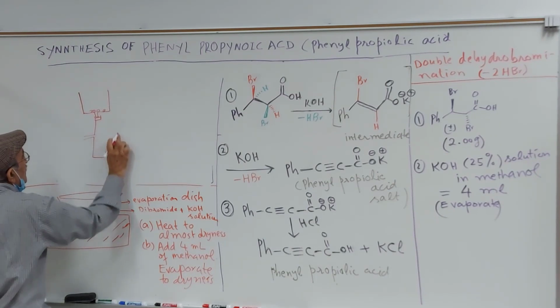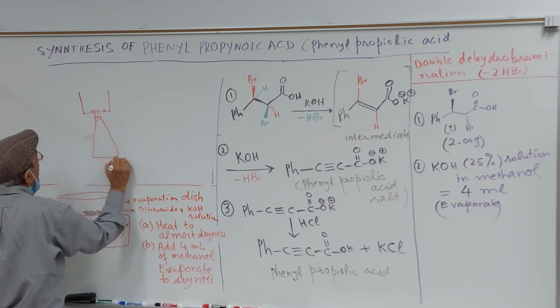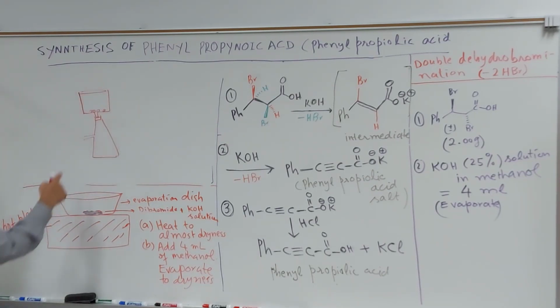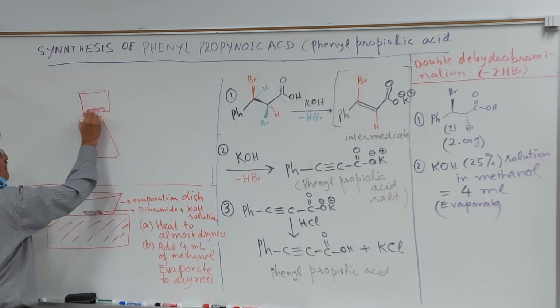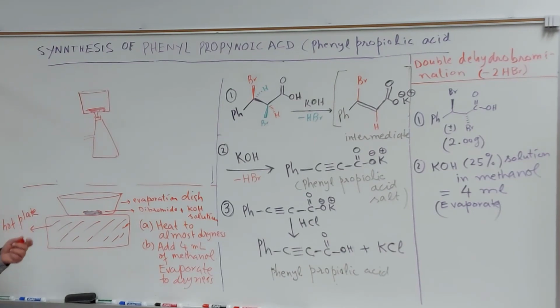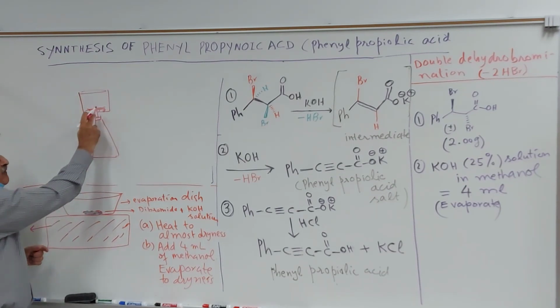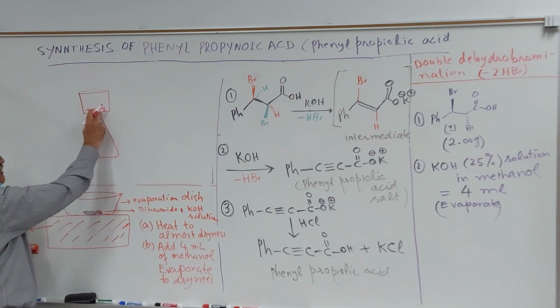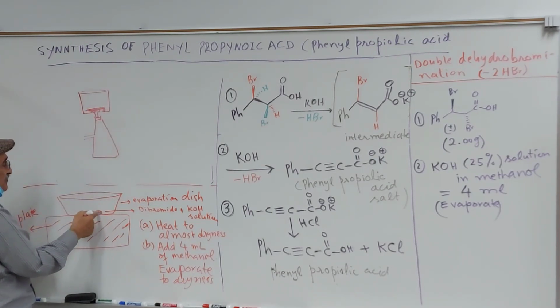Excuse my drawing. And you put a little filter paper in there, wet the filter paper with methanol, because you are going to wash with methanol. Wet it with methanol, and after that you transfer this solid stuff.